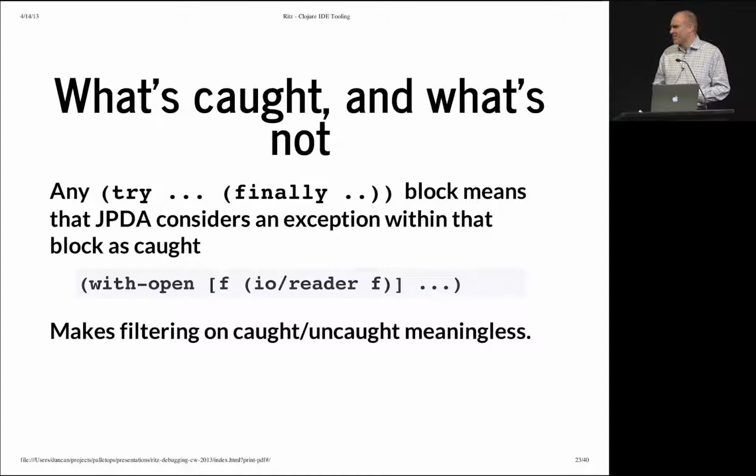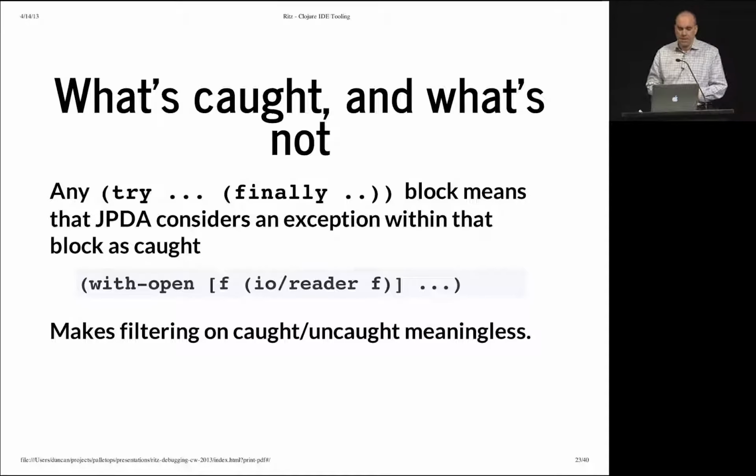And it's a pretty common idiom within Clojure to have this. So a lot of the macros expand to forms that have try finally in them. So it's meaningless to filter on caught and uncaught, so we have to provide some other facilities to be able to do that. And that's what these other restarts are about.